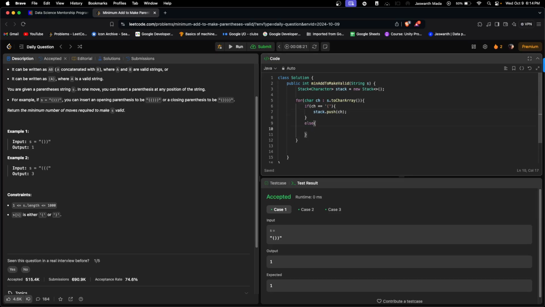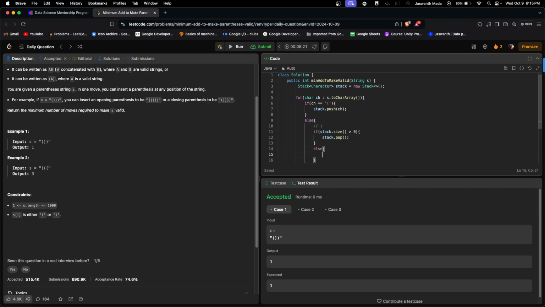Else, if it is a right parenthesis, then we'll check if the stack has anything. If the stack has a left parenthesis, we'll just pop it out, right?